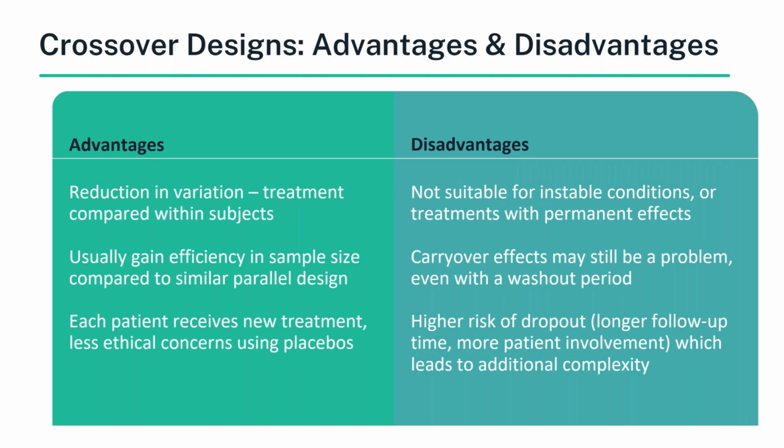Just because even in a simple two treatment, two sequence, two period case, subjects are going to be followed for two treatment periods and a washout period in between them. And so this total study time may be longer than a single intervention during a parallel trial. And the second part of it is, in most cases, there's going to be more patient involvement as well.